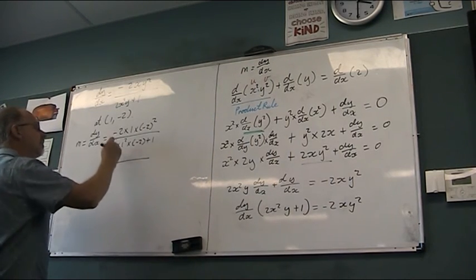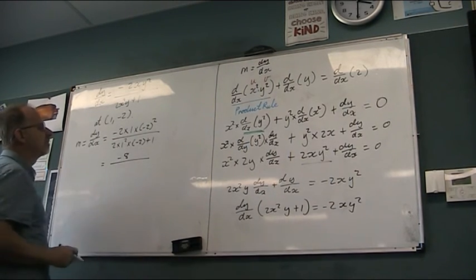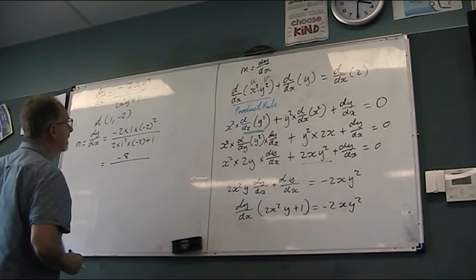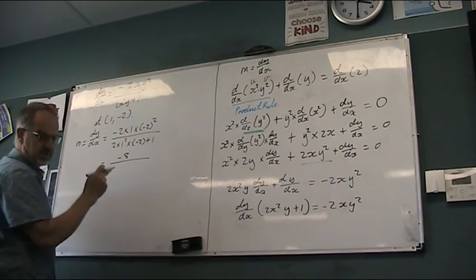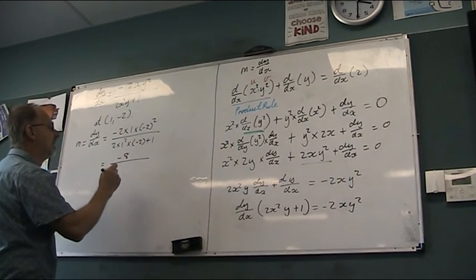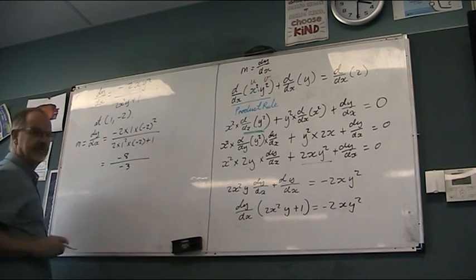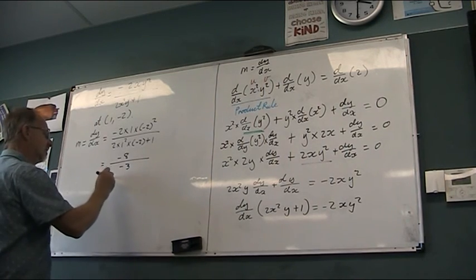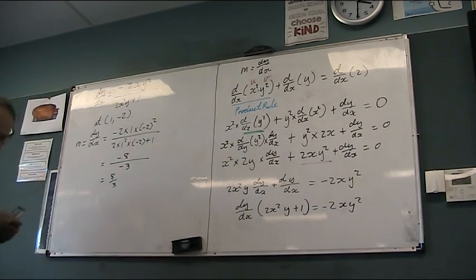Top line there would be negative 8, bottom line would be negative 4 plus 1, which is negative 3. So the gradient would be 8/3. There we go.